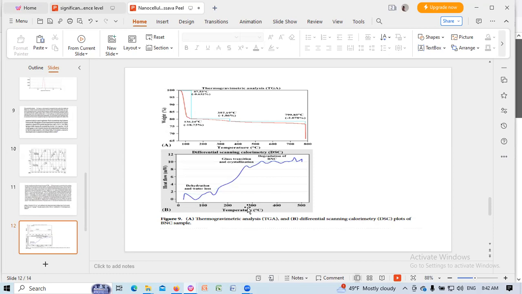The temperature 338.13 is the disintegration. From the DSC analysis, up to 200 degrees Celsius is the thermal stability.